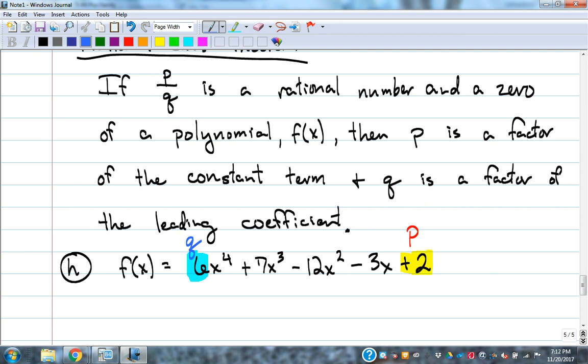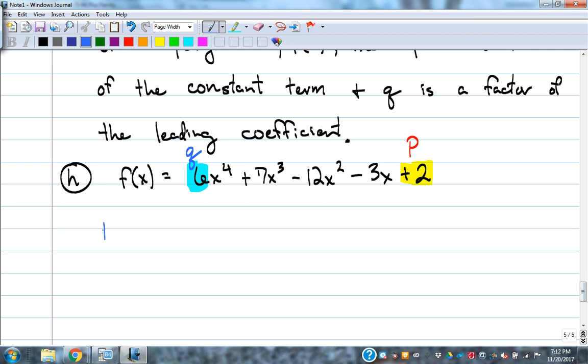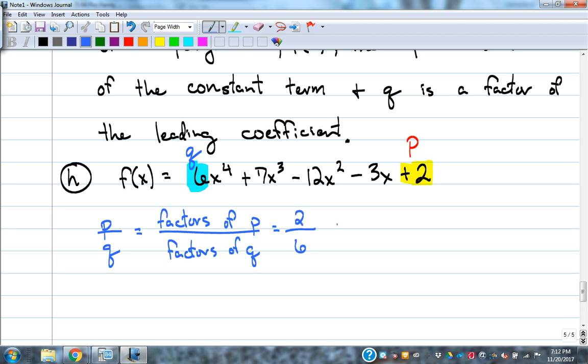Okay. Now, what we're going to do is make a list of the possible rational zeros. So we want the factors of P and then the factors of Q. Well, P is 2 in this case. What are the factors of 2?